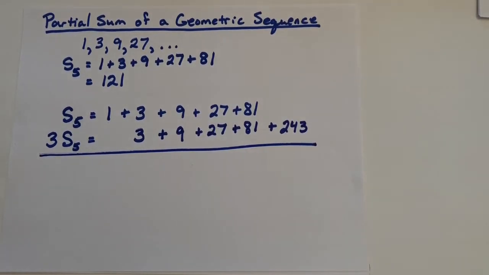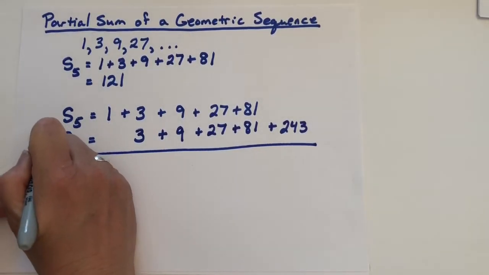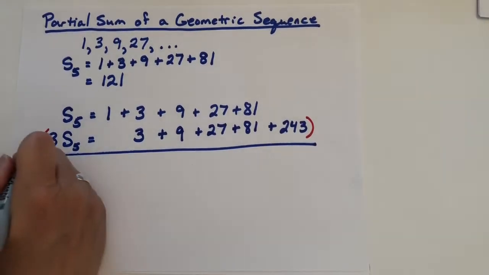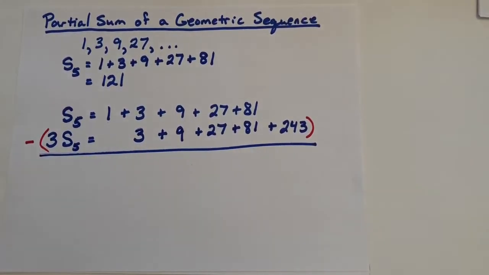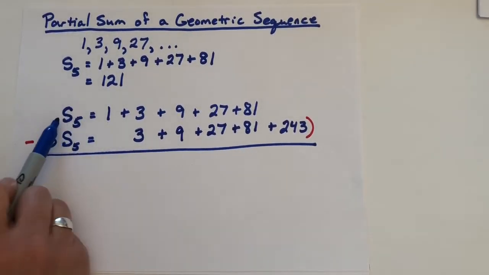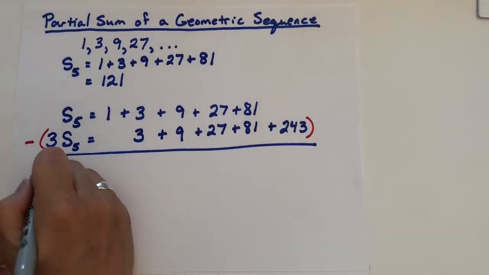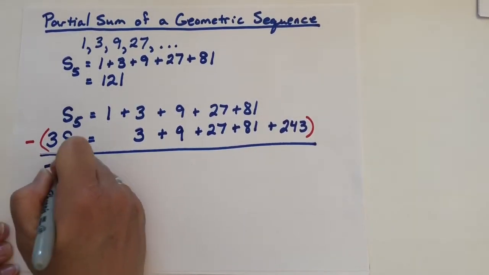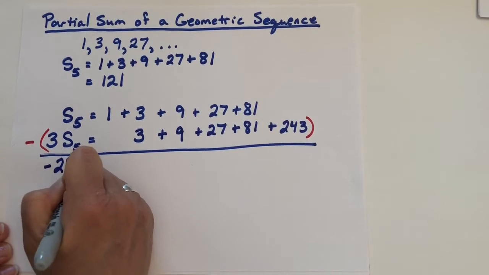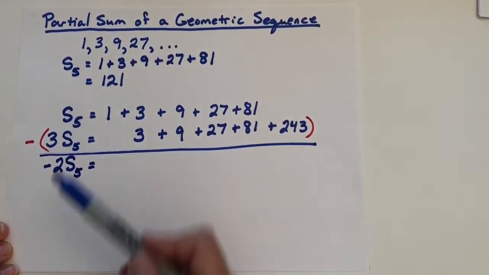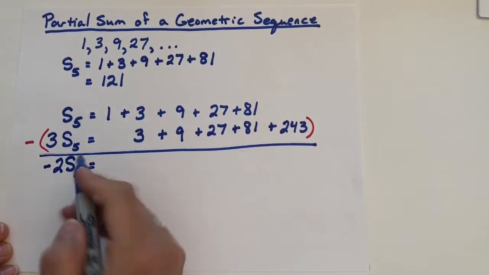Now I'm going to subtract those 2 equations. So remember, we're subtracting. So I have 1 S sub 5 minus 3 S sub 5, which is negative 2 S sub 5 equals, now remember we're subtracting, 1 minus 0 is 1.